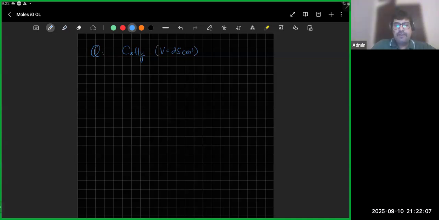And he says that he burns it in 200 cm cube of excess oxygen. So he's using a lot of oxygen. And at the end of the combustion, there is 50 cm cube of unreacted oxygen.